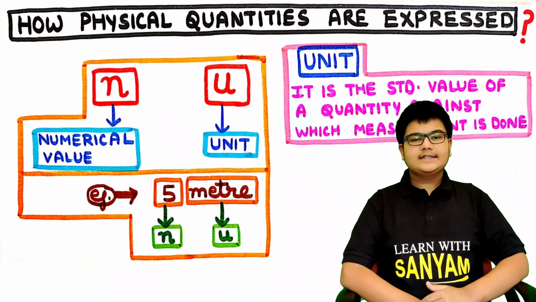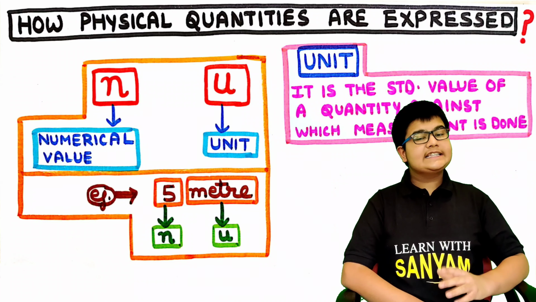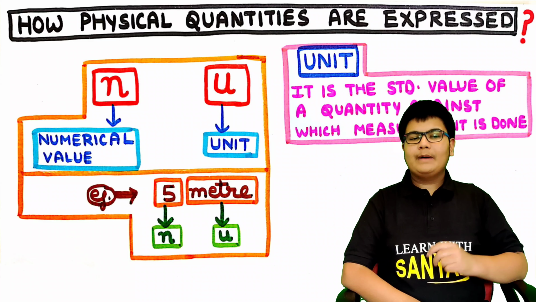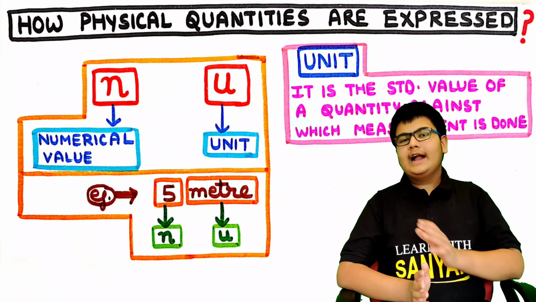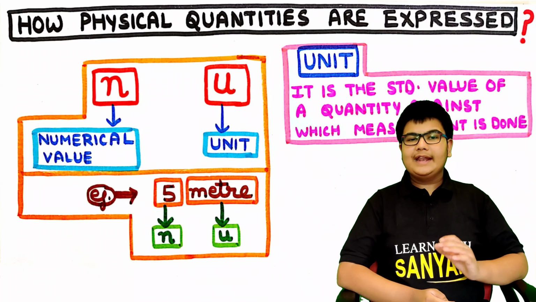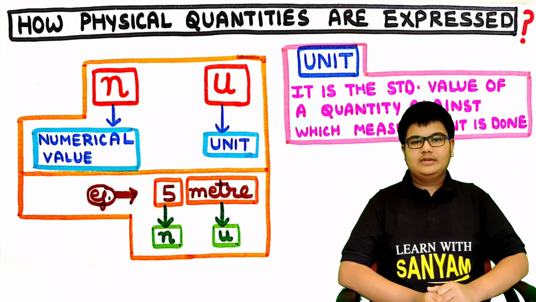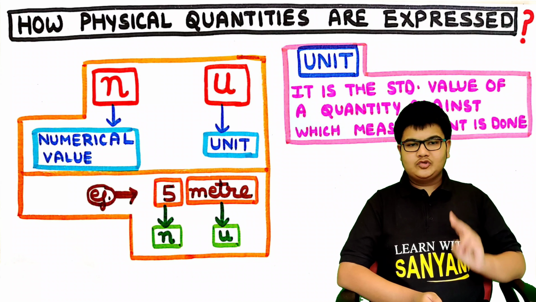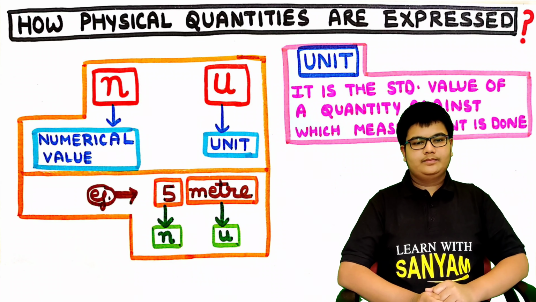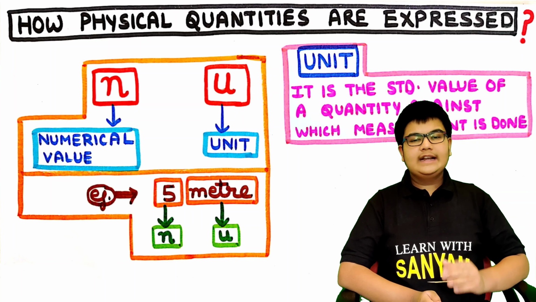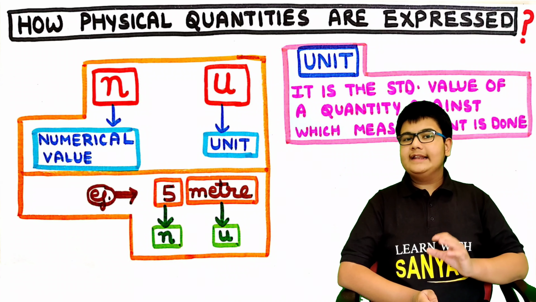Now let's discuss how physical quantities are expressed. Every physical quantity has 2 parts, the numerical value and the unit. The numerical value is denoted by small n and the unit is denoted by small u. So every physical quantity has 2 parts, n and u. Now let's understand this with the help of an example. Let's take the physical quantity length.